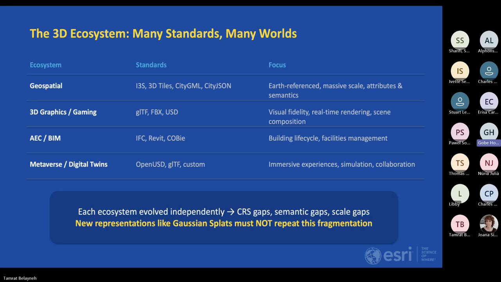As referenced, massive scale, attributes, and semantics are the focus of these. But if you look at the gaming and 3D graphics world, you have FBX, USD, glTF, and here the concern is visual reality or visual fidelity, real-time rendering, scene composition, and the like. AEC, BIM, life cycle, facility management, those are the kinds of concerns that this ecosystem would worry about, but they all have the same need: graphics fidelity, performance, and all the things.